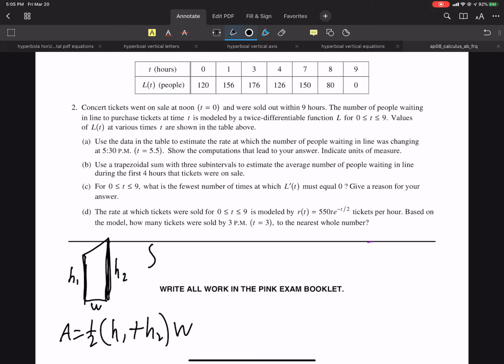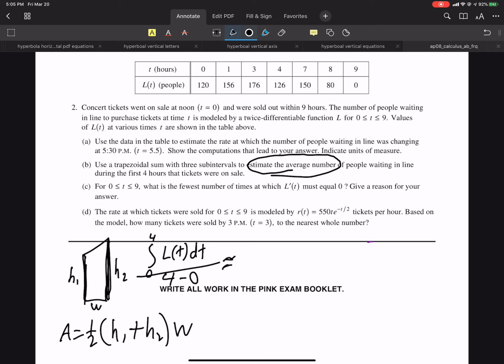Estimate the average number of people in line. So to get the average of any function, we have to know that you integrate and divide by the width. So we're going to integrate the number of people for the first 4 hours. It's going to be the integral from 0 to 4 of the number of people divided by the width, which I'll call 4 minus 0.